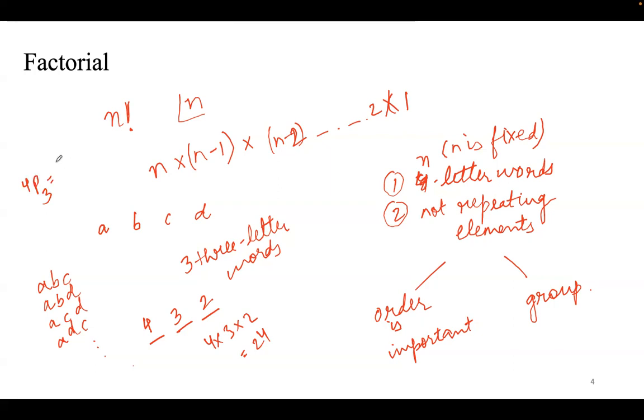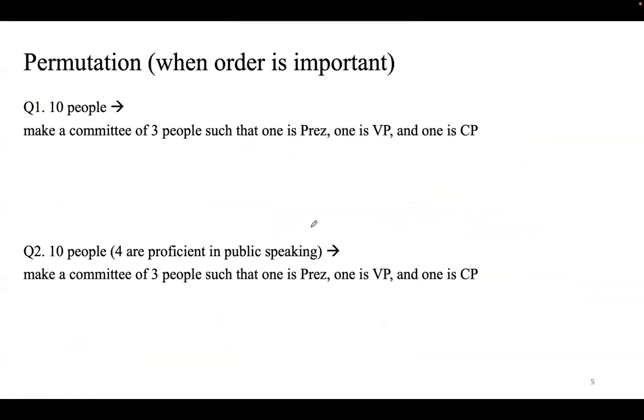It's basically 4 factorial divided by (4 minus 3) factorial. So you will have 4 factorial divided by 1 factorial. 1 factorial is 1, so it's 4 factorial, which is 4 into 3 into 2 into 1, which is this number itself, right? So that's clear.